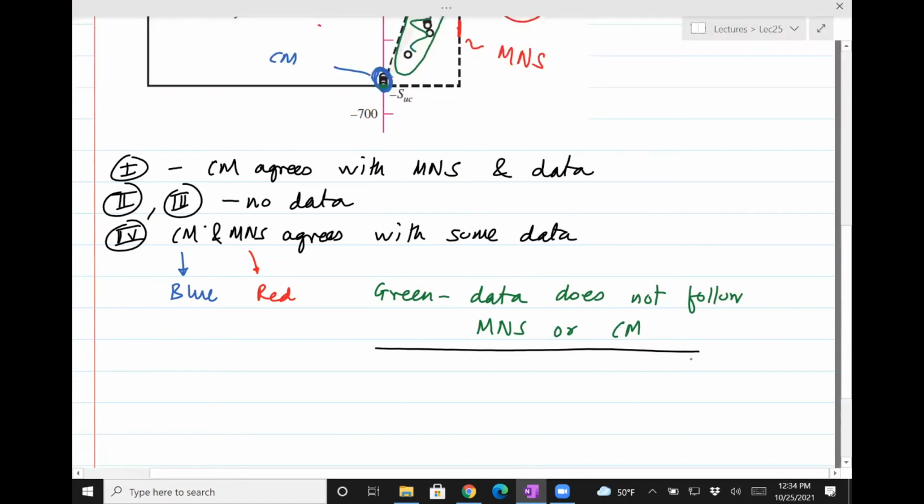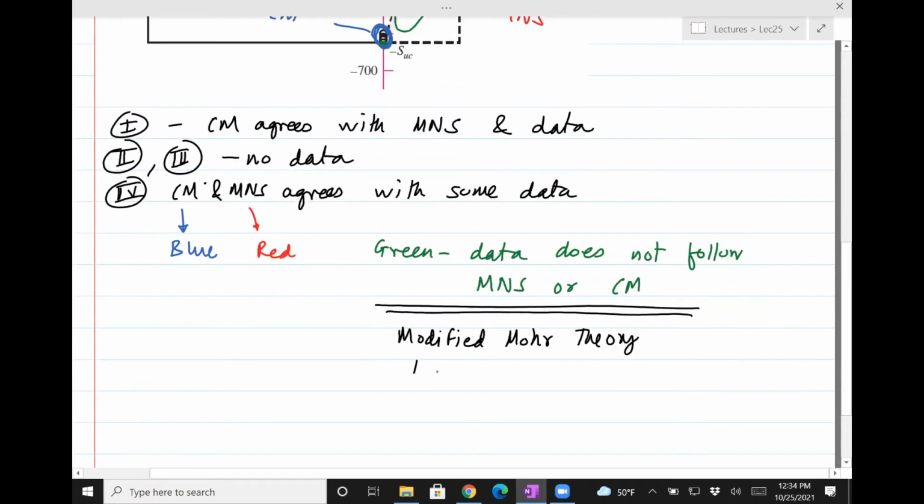So modified Mohr theory fixes these issues. I'll write the equations.